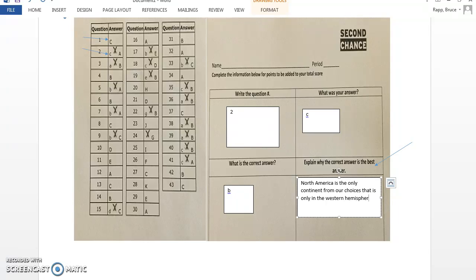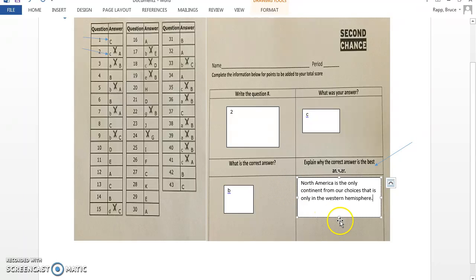Now, if you notice, I use a lot of the question in my answer. I know that it couldn't be Africa because Africa is in the northern, southern, eastern, and western hemisphere, so that's definitely not right. And I know it's not Australia because Australia is entirely in the eastern hemisphere. North America is the only one of these choices that is only in the Western Hemisphere.